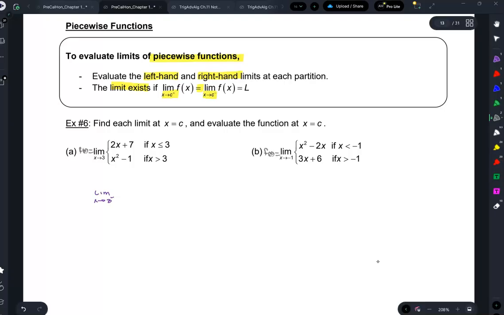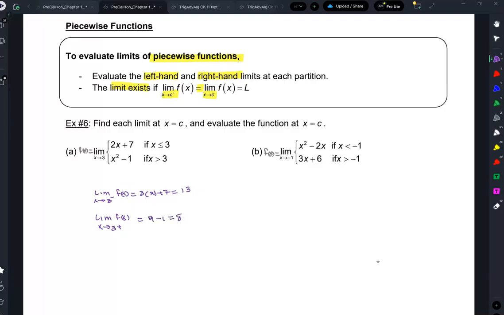Okay? So limit as x approaches 3 from the minus side of f of x is equal to 3 times 3 plus 7. How much is that? 13. And then the limit of f of x as x approaches 3 from the plus side, that will be 9 minus 1, 8.